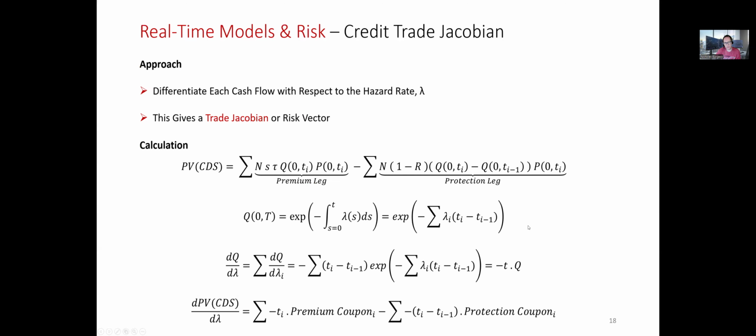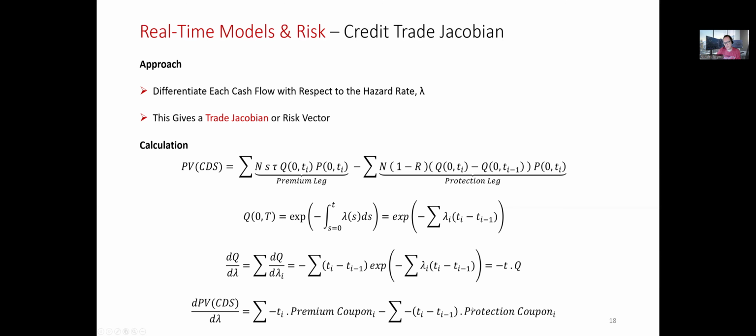And so if we differentiate this with respect to lambda, which is what we're doing here, it comes out as something very straightforward. It's minus t times the probability of survival. You just substitute that back in. And basically all you get is exactly the same formula, but each of the components are multiplied by minus time. So the change in PV for a change in lambda is minus time for each premium coupon.